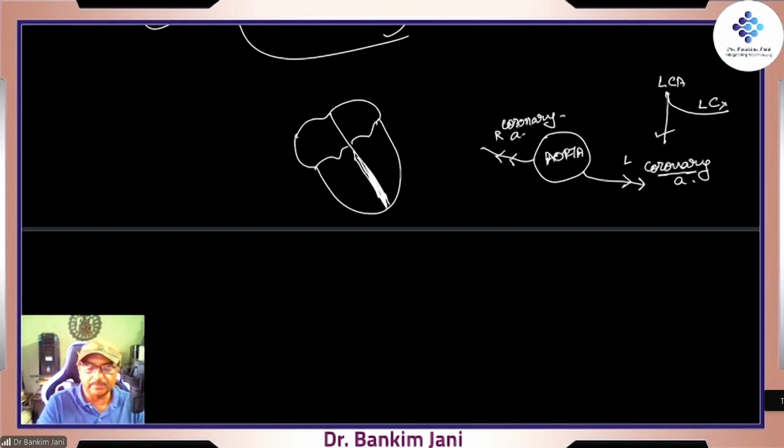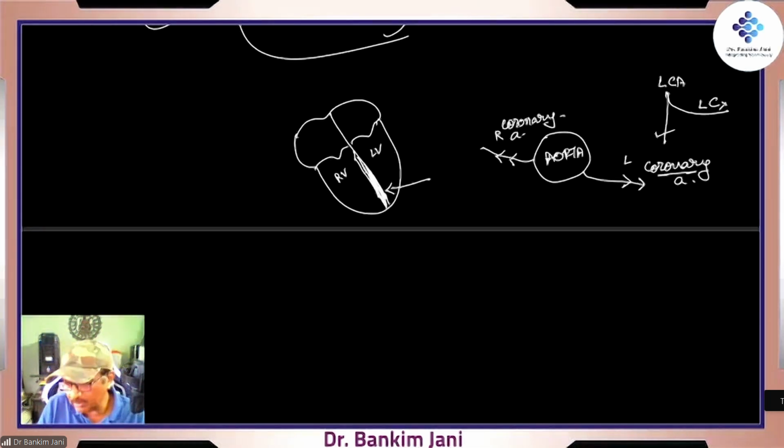This septum is very important, right? Because it is between the right ventricle and the left. This septal branch supplies the entire 2/3 of this portion, the septal branch, which is emerging from this left coronary artery.